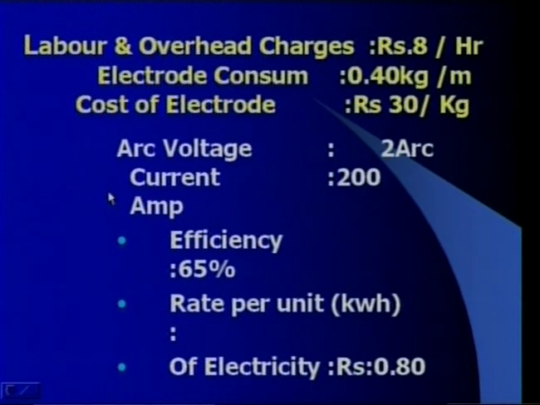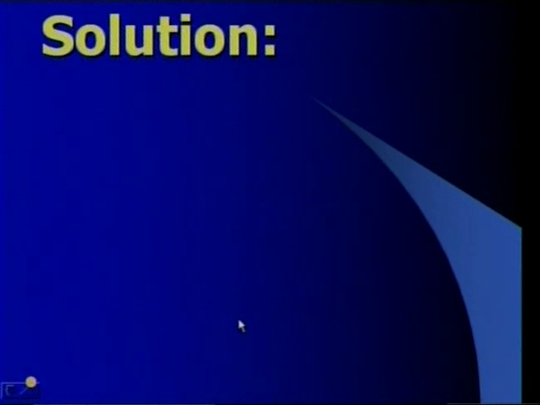Next, current is 200 amperes. Next, efficiency is 65% and rate per unit is as shown in the monitor.